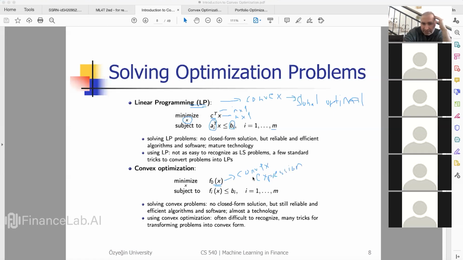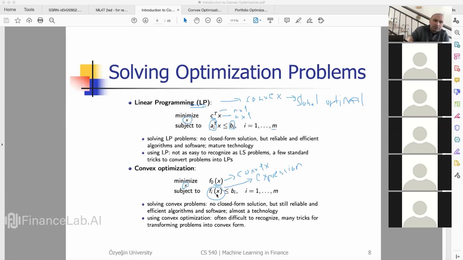The objective function f0(x) is a convex expression, and the constraints f1(x), f2(x) up to fm(x) are also convex expressions, and they are smaller than b_i. We try to minimize f0(x) over x given the convex constraints f_i(x), where i is from 1 up to m.